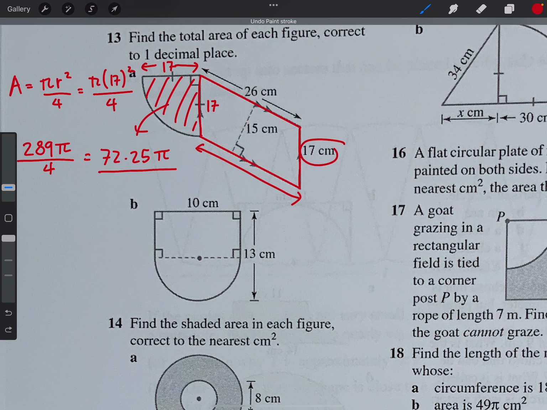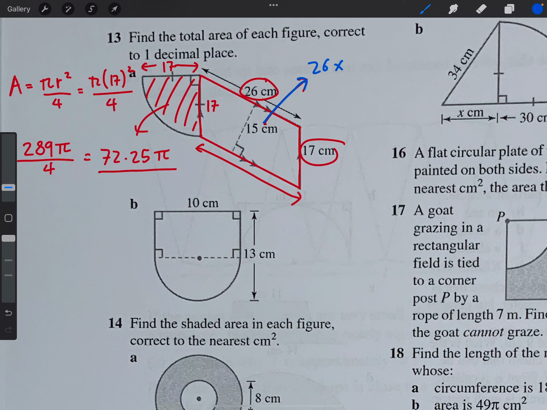So the base we know is 26. So the area here, I'm going to do it in blue actually. So it'll be 26 times the perpendicular height, which is 15. And that's going to give you 390.